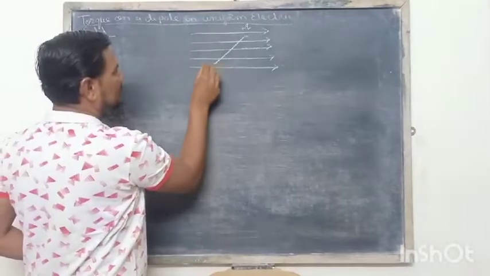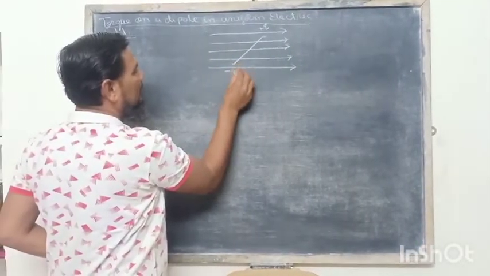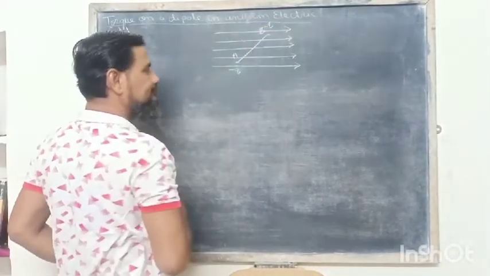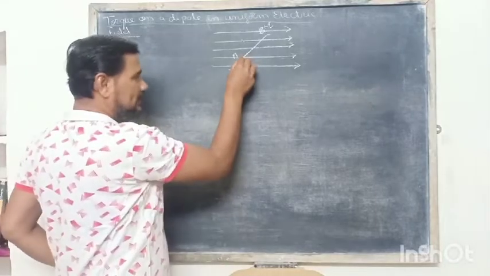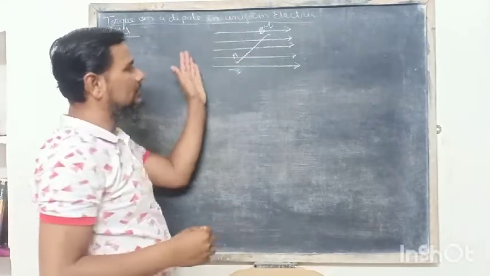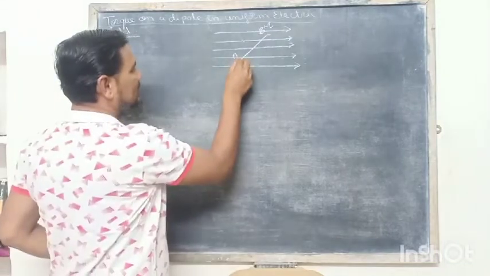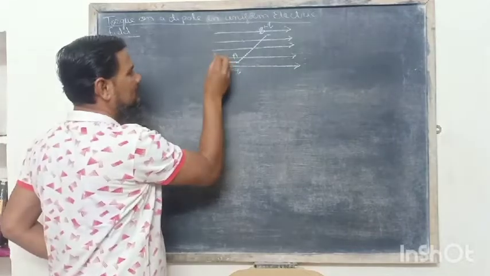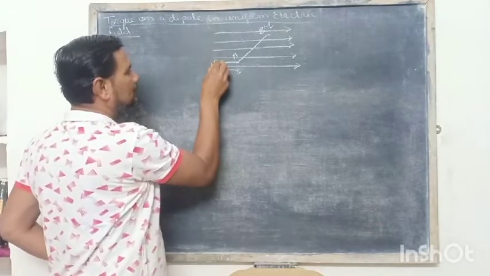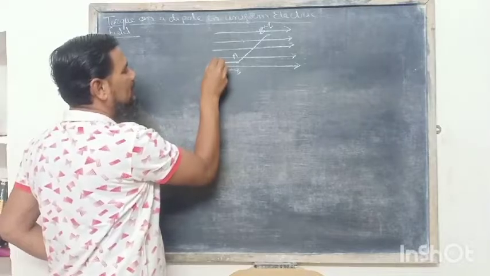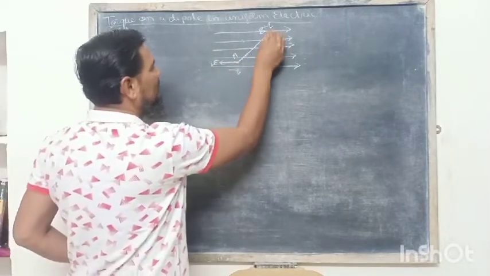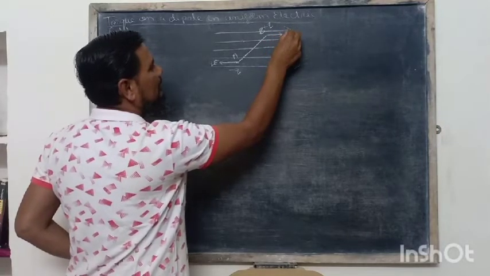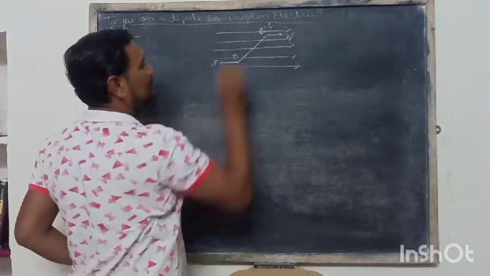This point is A and this point is B. Because electric lines of force move from positive to negative, this negative charge will experience an electrostatic force qE opposite to the direction of the electric field, and this positive charge will experience a force qE.